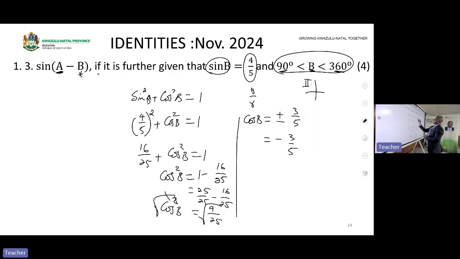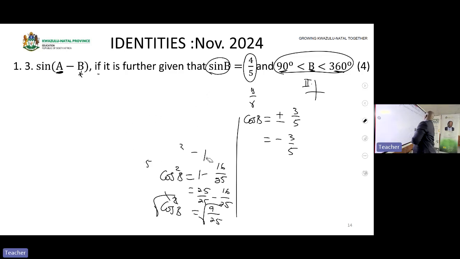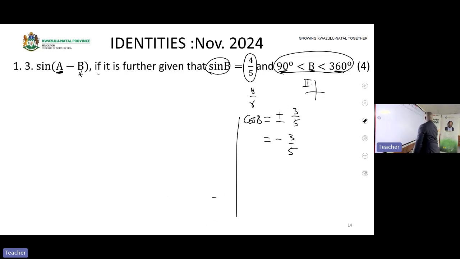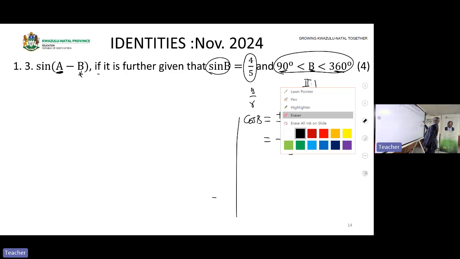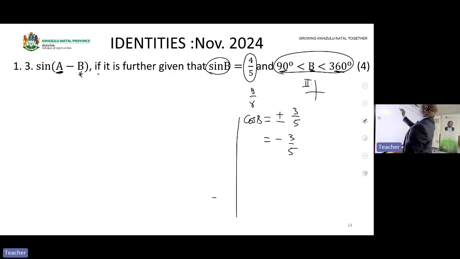So that's how we can work on that one. Now, let us apply that. To apply the compound angle identity, we have the simplified version, which is the expansion of this one.